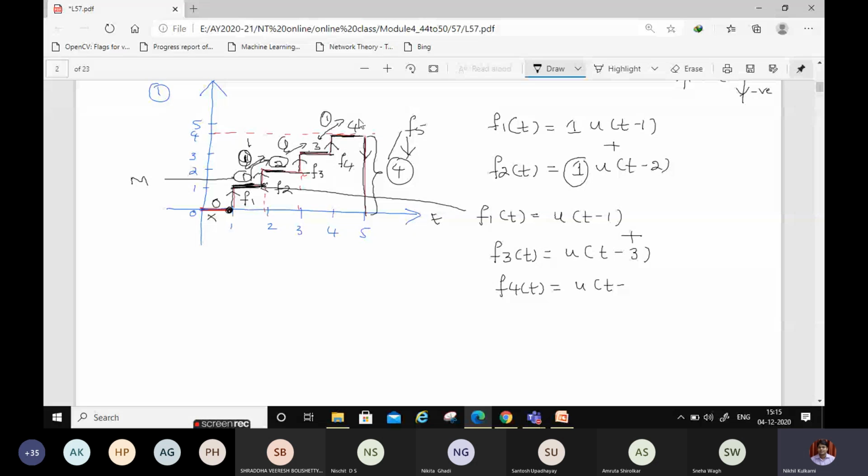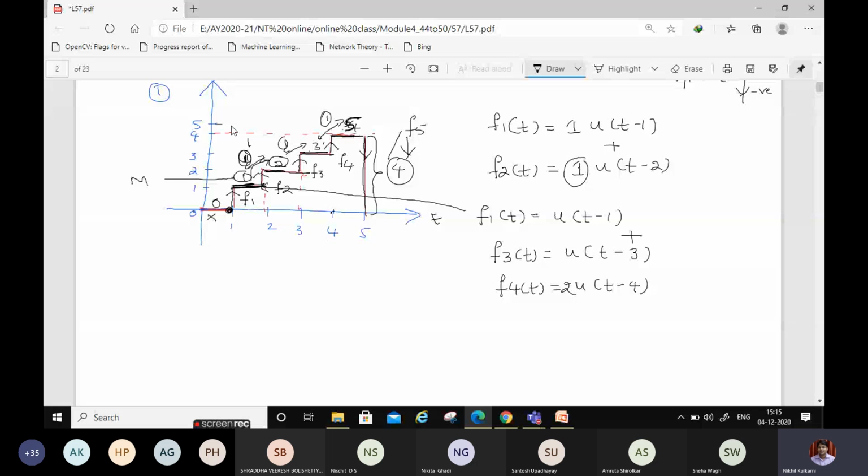Suppose I had written 5 here instead of 4, then the change in magnitude will be 2. So let us take it as 5. So we can write 2 times u of t minus 4 because it is starting at this point.